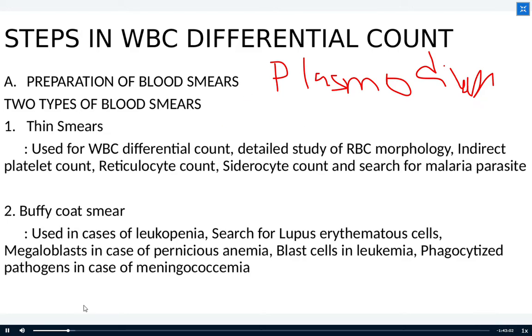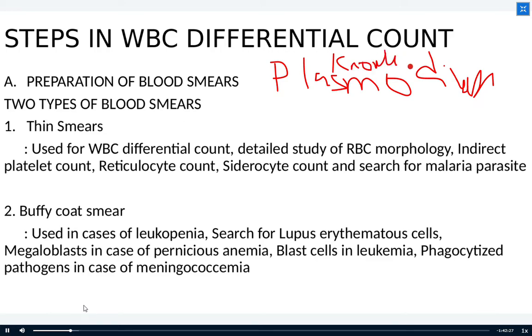What are the four species of plasmodium? Okay, you have your malariae, your vivax, what else? Okay, one more. Okay, falciparum, ovale. Then there's also knowlesi, but the four are more common.